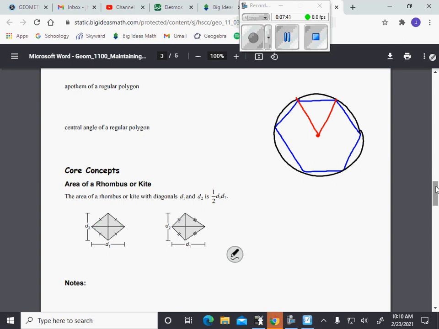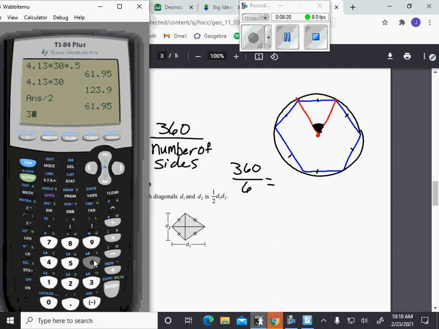It's this angle here. How do I solve for that angle? We take 360 divided by the number of sides. In this case, we have one side, two, three, four, five, six. It's a hexagon. So 360 divided by 6 gives me the central angle, which is 60 degrees.